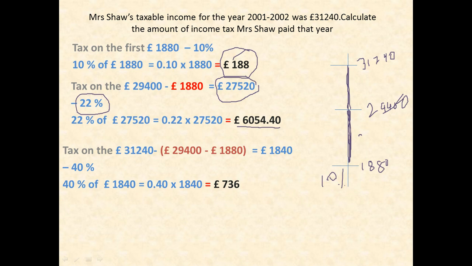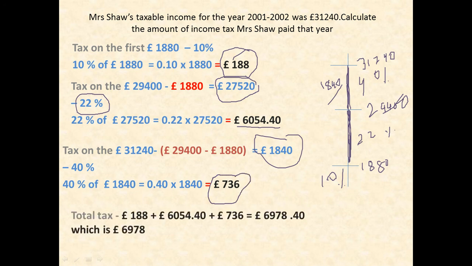So here he paid 22%, and here she'll pay 40% tax, and this difference is 1840 pounds, and 40% of 1840 pounds is 736 pounds. So total tax that is paid is 6,978.